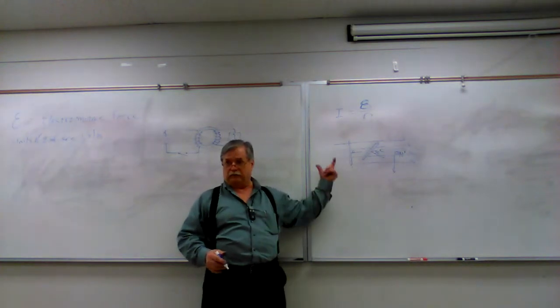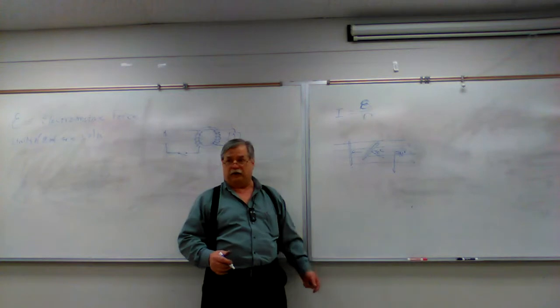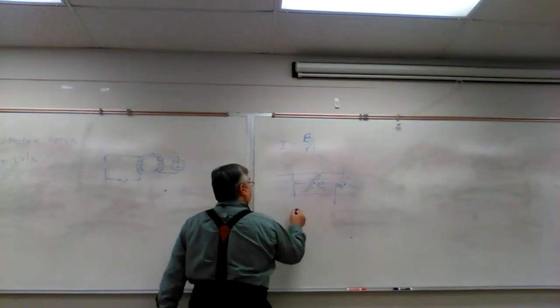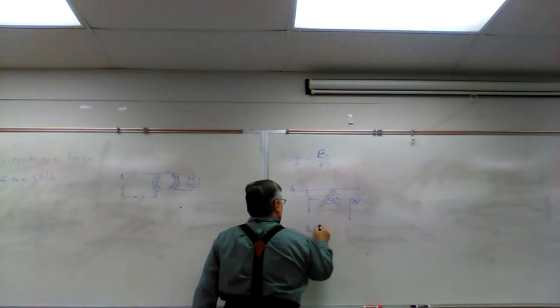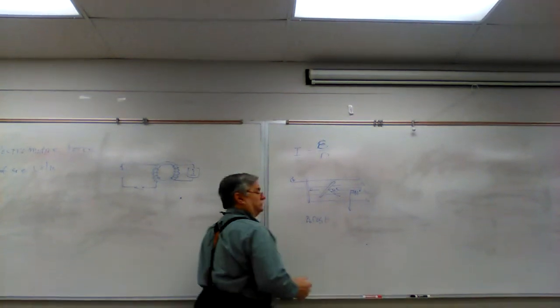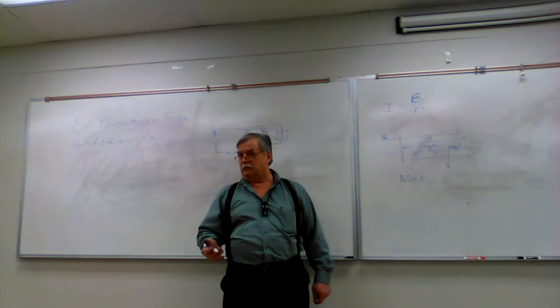Again, for now, it's still an imaginary unit of area. So the perpendicular magnetic field becomes B sub naught times the cosine of the angle.